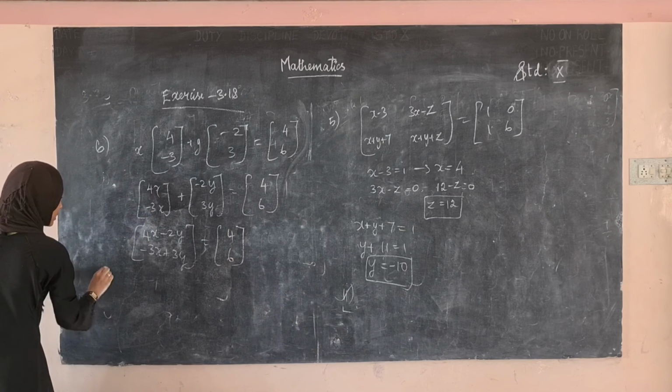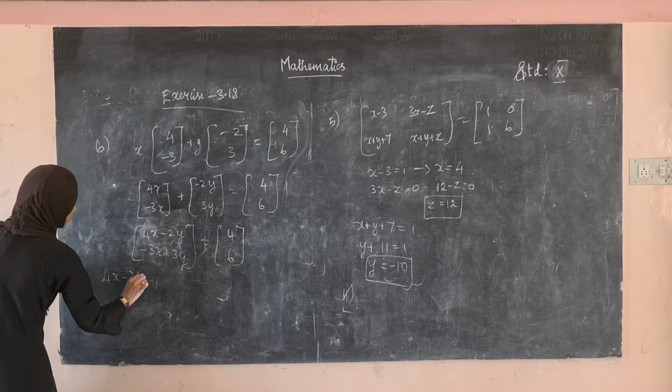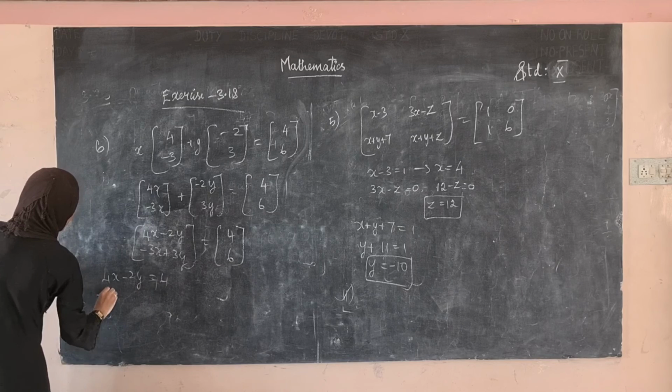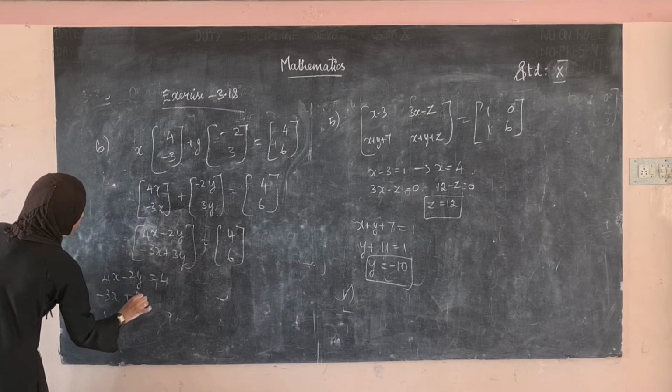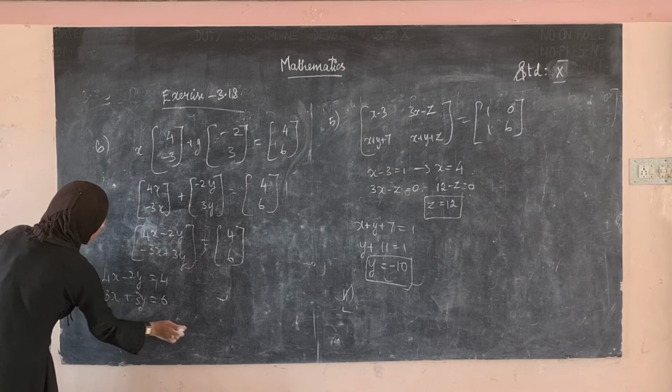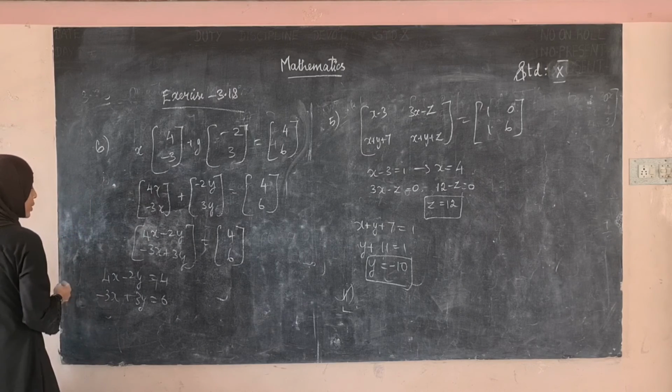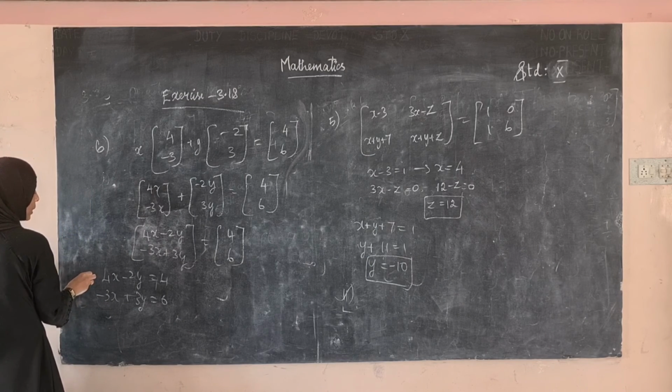Shall we equate the elements? 4x minus 2y is equal to 4, minus 3x plus 3y is equal to 6. How can we solve? We can use the elimination method. This should be multiplied with 3 and this should be multiplied with 2.